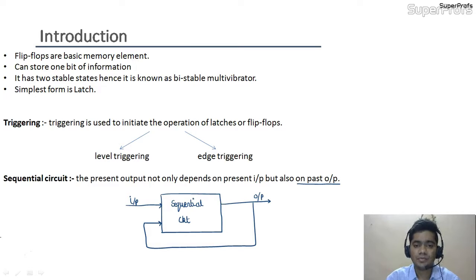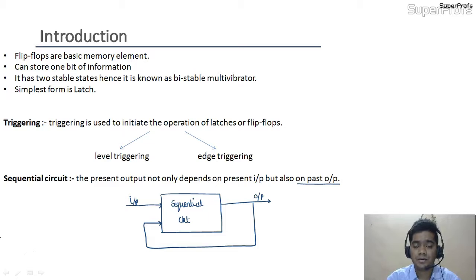Similarly, combinational circuits are faster and sequential circuits are somewhat slower in comparison. The reason is obvious: in a combinational circuit, the present output depends totally on the present input, so there is not much delay.